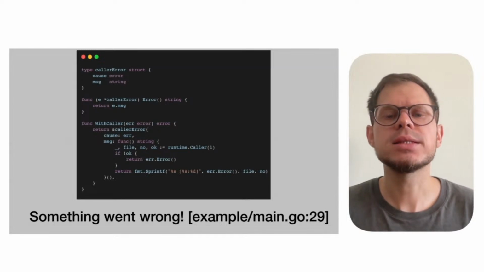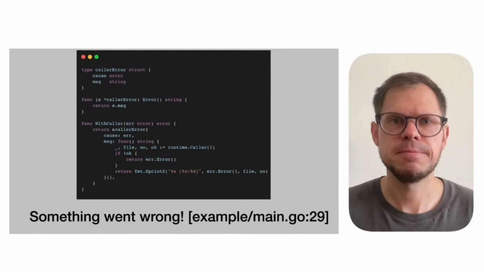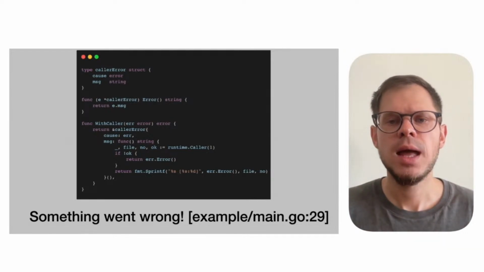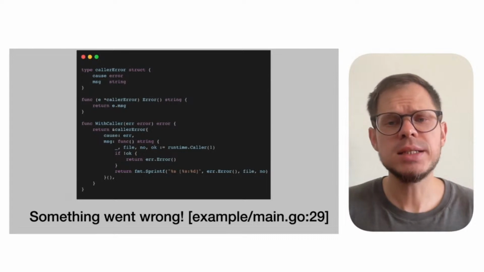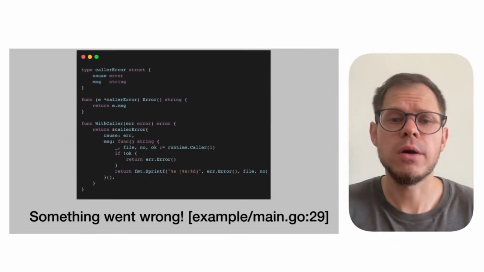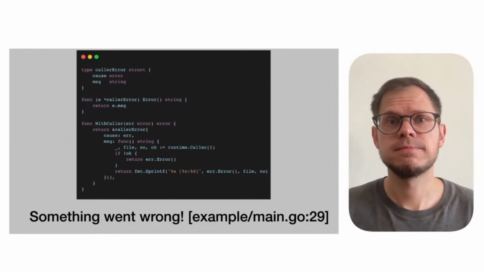Getting a caller is incomparably cheaper than getting a full stack. A stack trace is not needed in a common situation. Getting only the place where an error occurred in our service is a great trade-off.